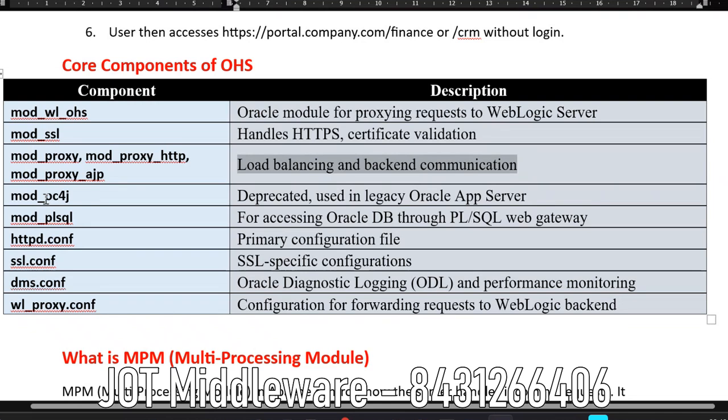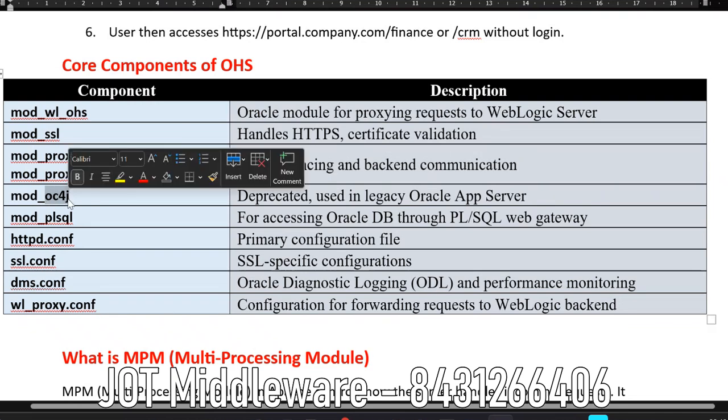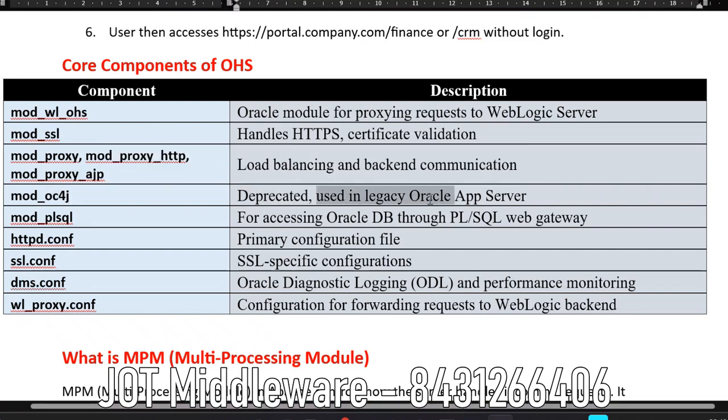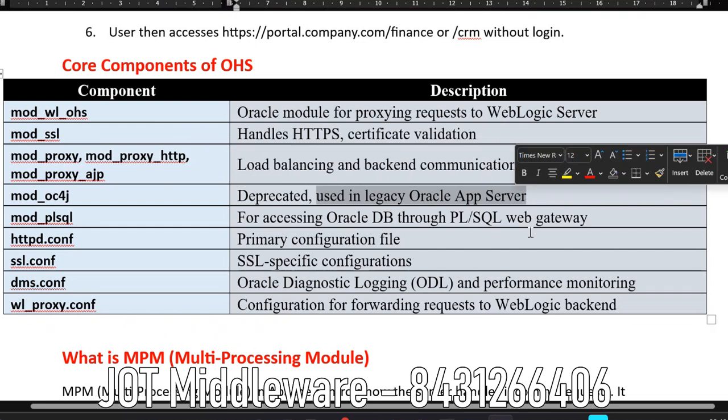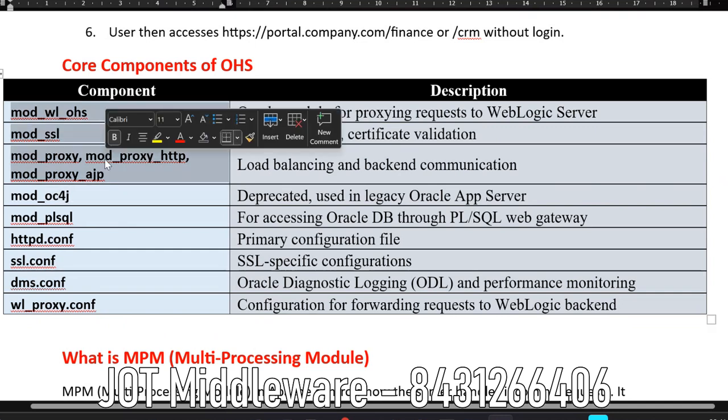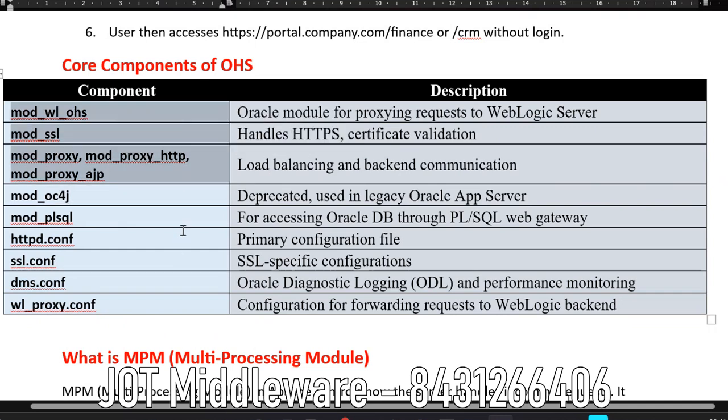And mod OC4J, this is a very older module. I think this was in Oracle 10G or before that, and it is deprecated in the newer versions used in legacy Oracle app servers. So it is not used because new modules have come up with lots of enhancements and better performing modules.